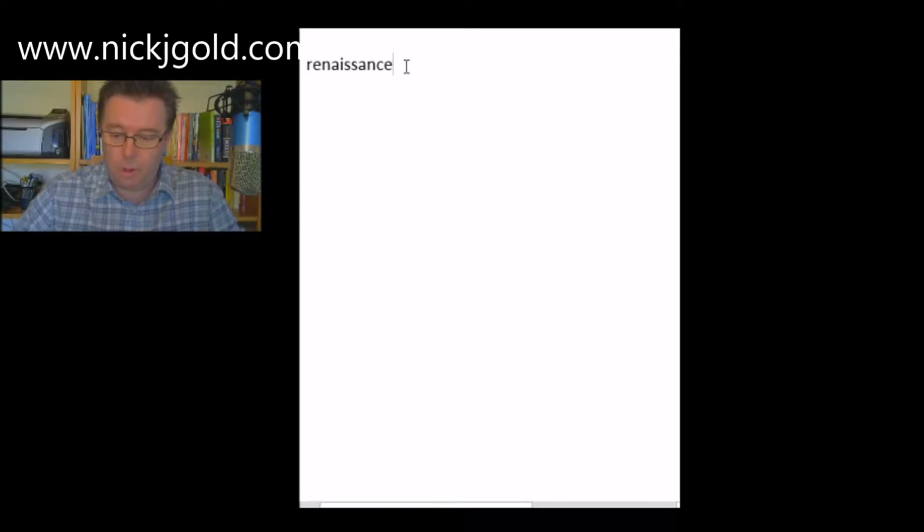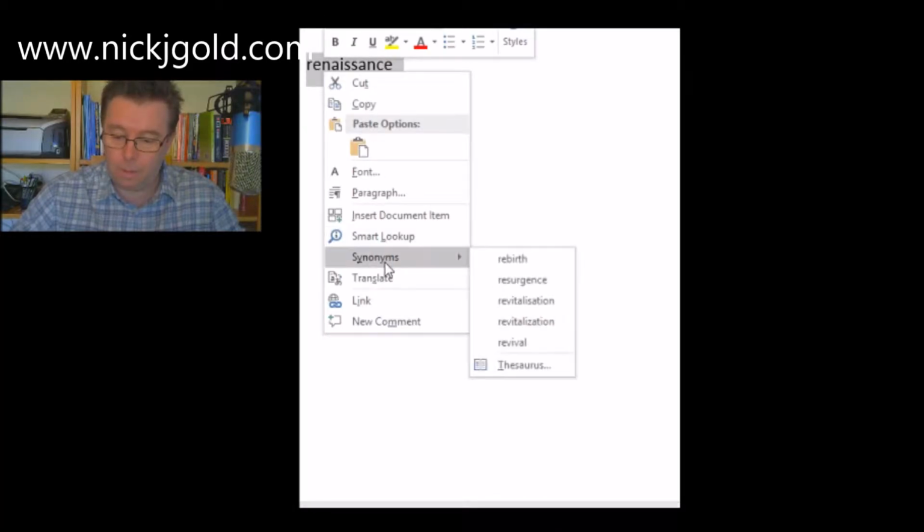But what about the word generally? Well, I can use another function, the synonym function. Okay, words with a similar meaning. Rebirth. Something has been born, something has been born again. You'll see the word has this prefix, Renaissance. All these words have this prefix, re: Renaissance, rebirth, resurgence.